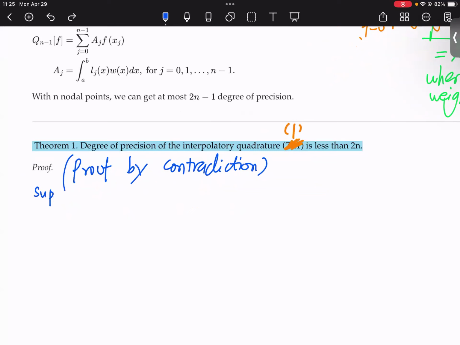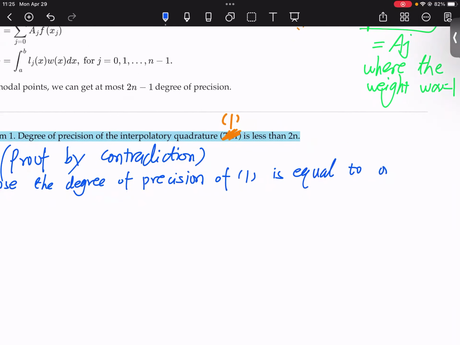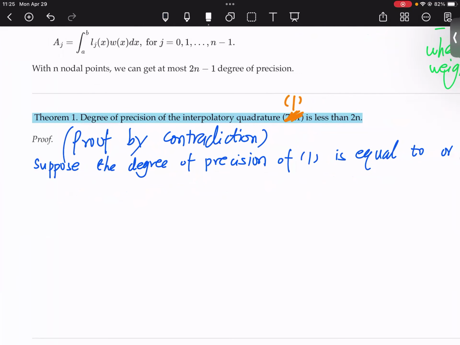Suppose the degree of precision is equal to or greater than 2n.